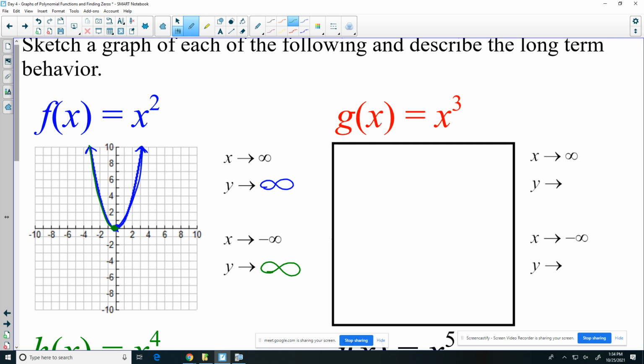And fill in your end behaviors. X to the 3rd, the 4th, the 5th, the 6th, and the 7th, please.